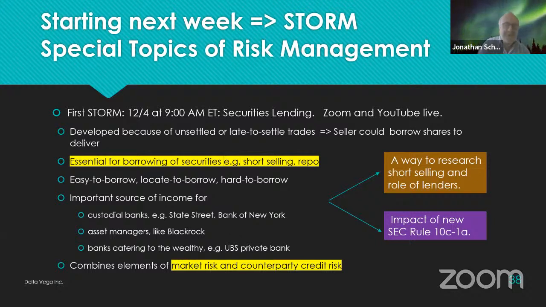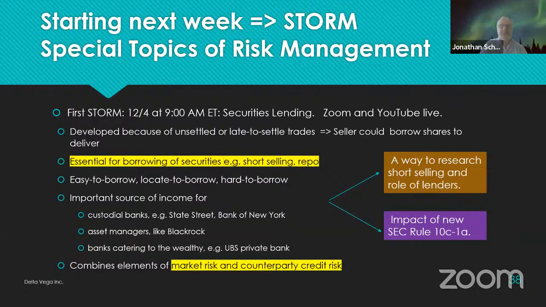The principal beneficiaries of this are mutual funds and asset managers like BlackRock. That is, they have all these securities, so why don't you make money on some of them by lending them out? The risk, of course, is that the counterparty will fail to pay margin and fail to return the shares to you.